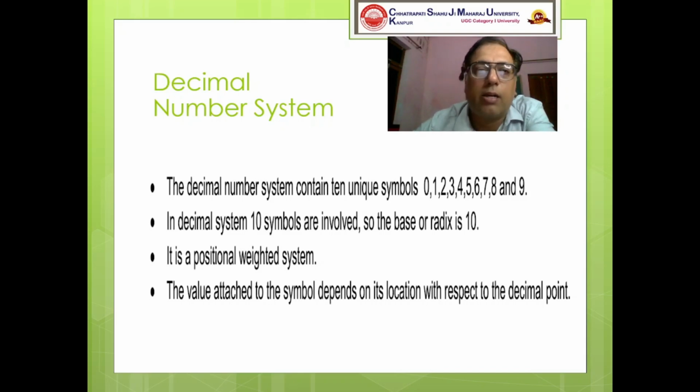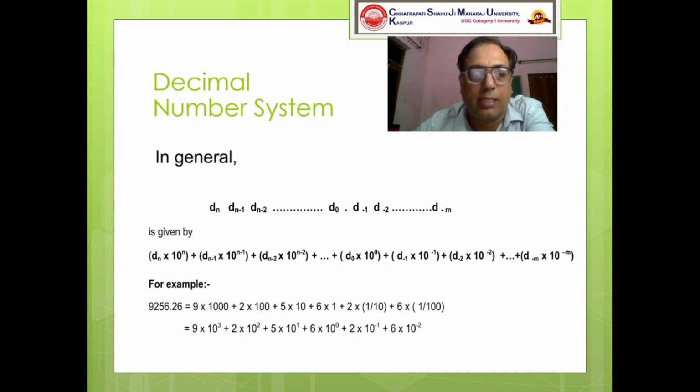Let us see by an example its general definition. In decimal number system, we start with d_n, d_(n-1), d_(n-2) up till d_0, then there is a radix point, d_(-1), d_(-2), up till d_(-n).